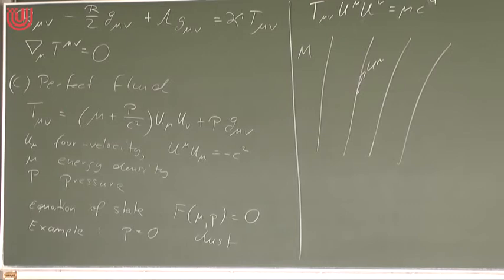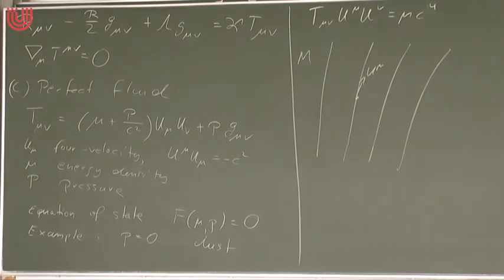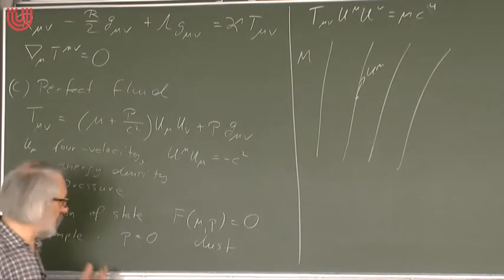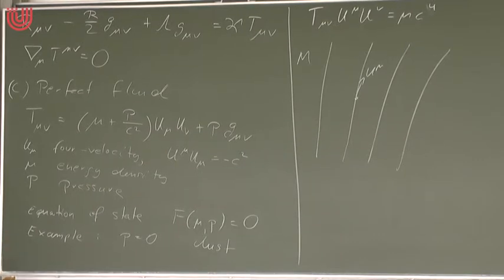The individual parcels of the fluid move just freely, and that's what relativists usually call a dust. In fluid dynamics, in particular in plasma dynamics, it is also called a cold fluid. A cold fluid is the same thing as a dust. Relativists usually say dust.